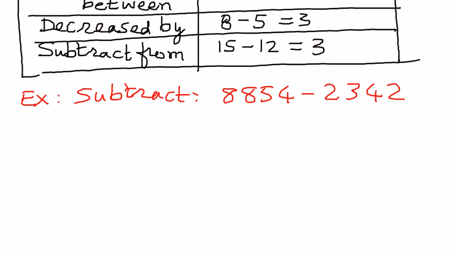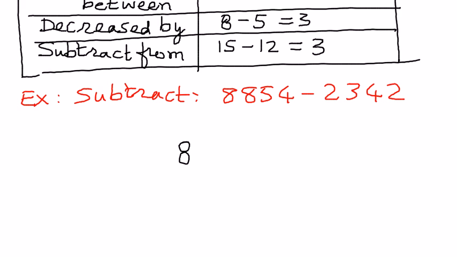So we're going to use our place value chart, line up the numbers in accordance to the ones, the tens, hundreds, thousands, and so on, and then be able to subtract the lower number from the higher number.